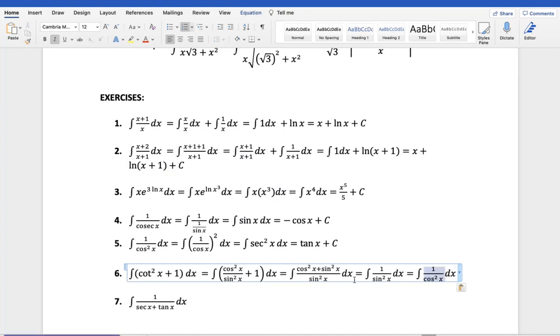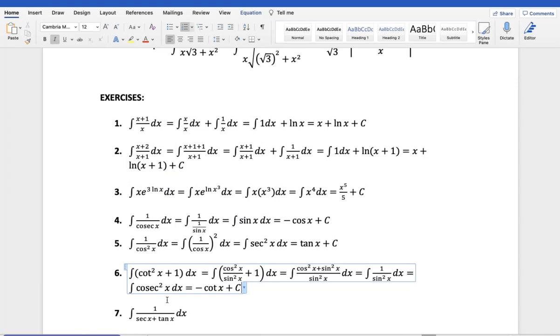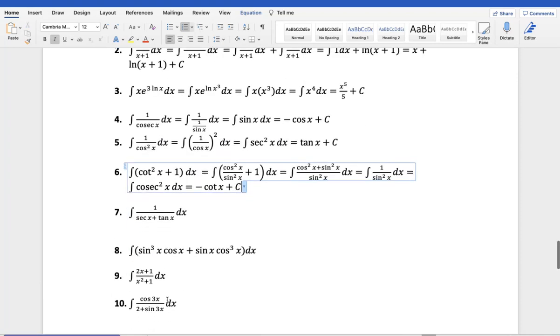We know that 1 over sine is cosec, so this is just equal to the integral of cosec squared of x. And if we go back to our standard integrals, that integral is just equal to negative cot of x plus c.